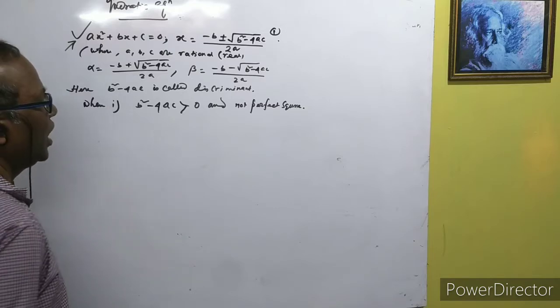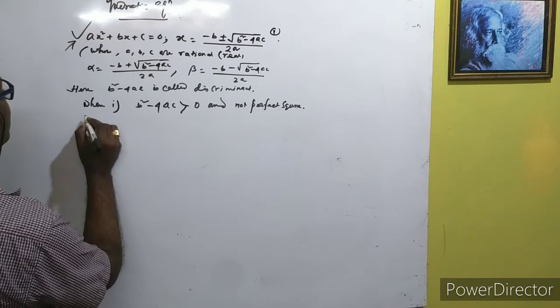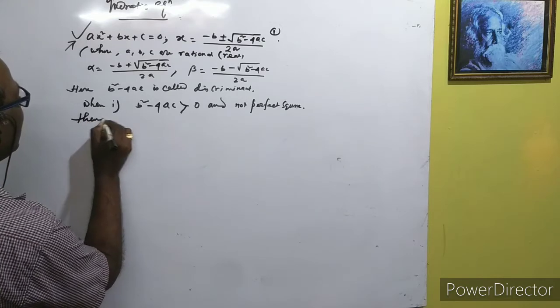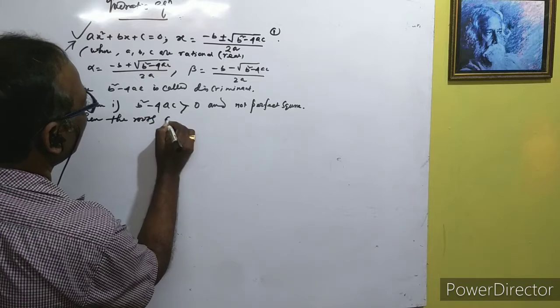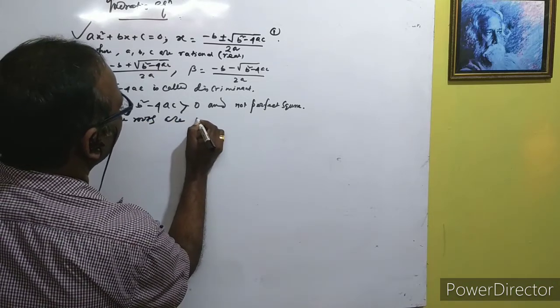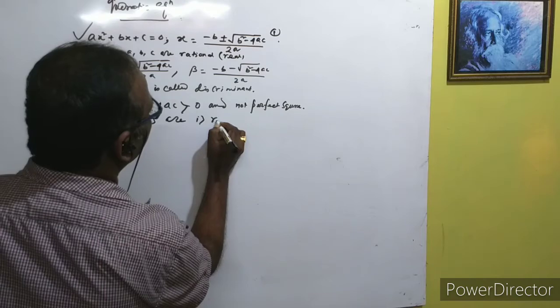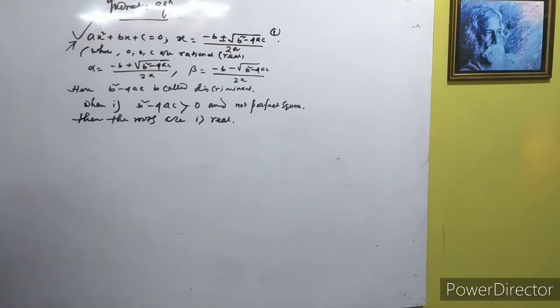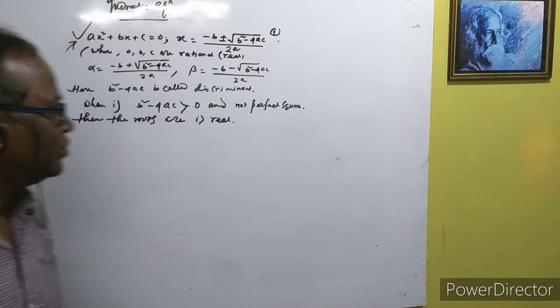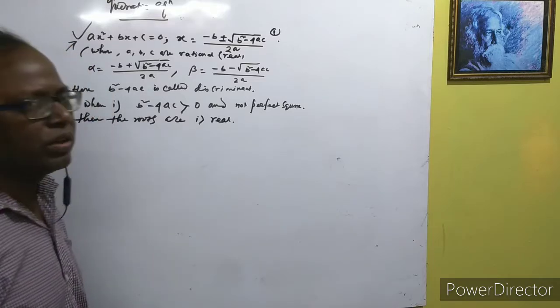Then what happens? The roots are, number 1 point, real. Greater than 0, so that's why the roots are real, as b square minus 4ac occurs under the root.